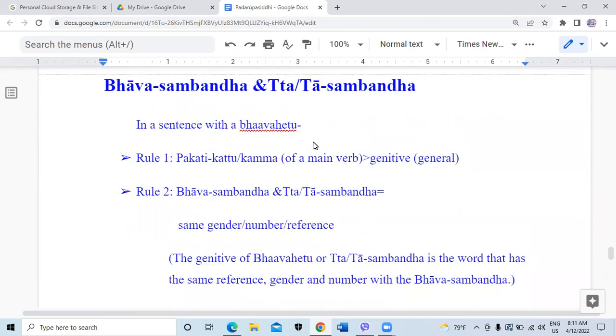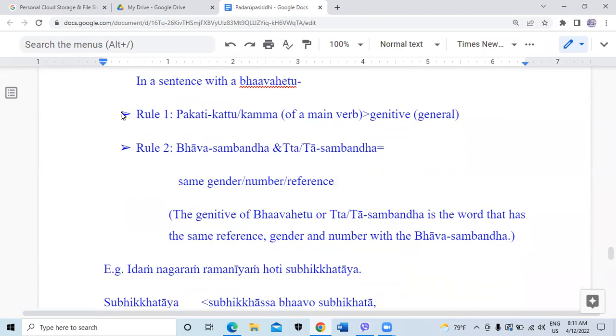Okay, so this easy rule, the general rule. In a sentence, there must be one subject, maybe an object if the verb is transitive, and then there is also a hetu or karana, the word that gives the reason in that same sentence.